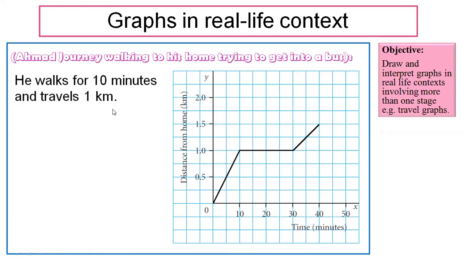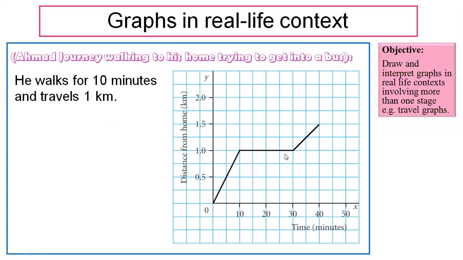First of all, if you look at this part, he walks for 10 minutes. If you want to describe his journey, he walks for 10 minutes. This is the first interval of the graph. How many kilometers did he walk? 1 kilometer. After walking 10 minutes, he stopped here.